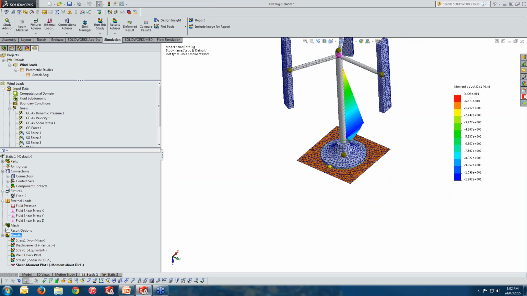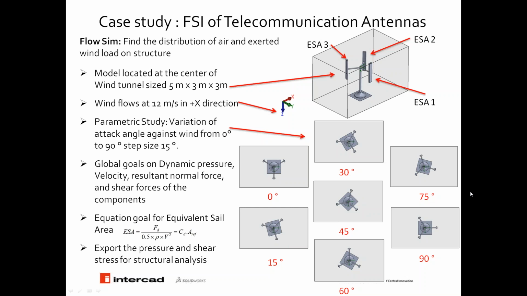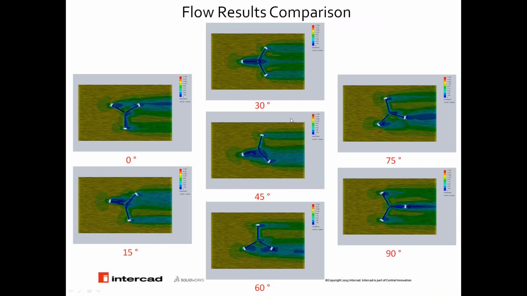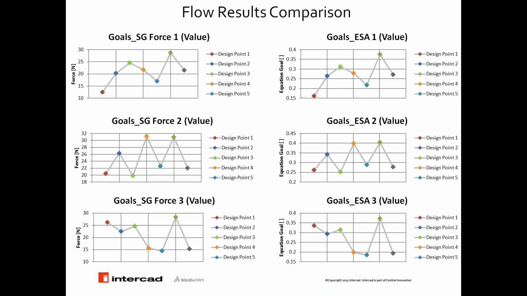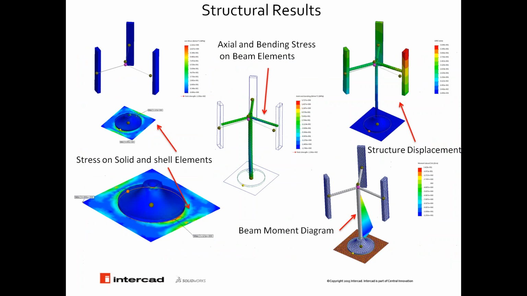Alrighty, so let's wrap up this section. What we have experienced is that we went through the different flow results and learned how we can compare a cut plot or a goal in our flow results, make sure everything is fine there, and then export and exchange the result, recall it, and look at the structural stress, beam stress, displacement values, or beam moment diagram.